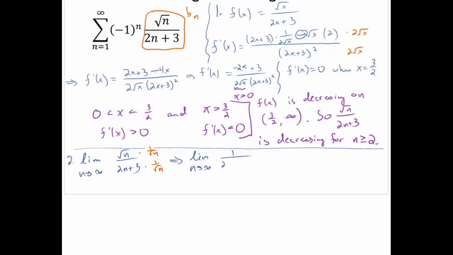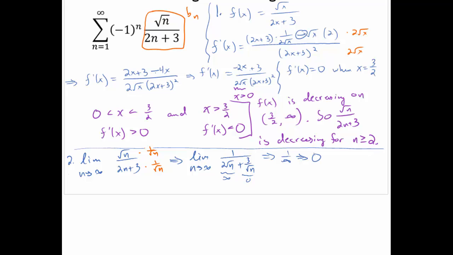That would be 2 root n plus 3 over root n. And now letting n approach infinity, the first term in the denominator would go to infinity, the second term in the denominator would go to 0, and so that would be 1 over infinity, which approaches 0. So we've shown that b sub n is a decreasing sequence.